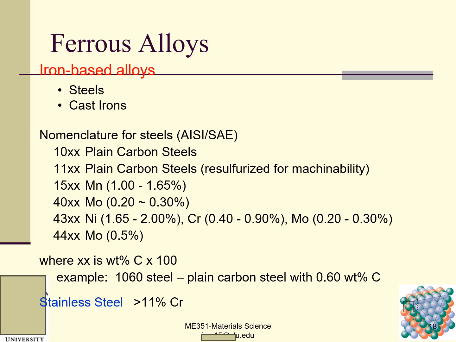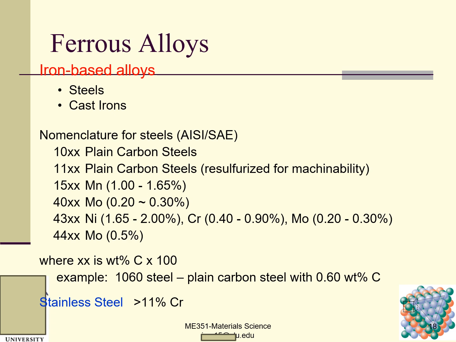Nomenclature for steels: AISI and SAE. So here is plain carbon steel, resulfurized for machinability. This contains manganese, molybdenum, and nickel. The carbon percentage is given by the carbon content multiplied by 100.